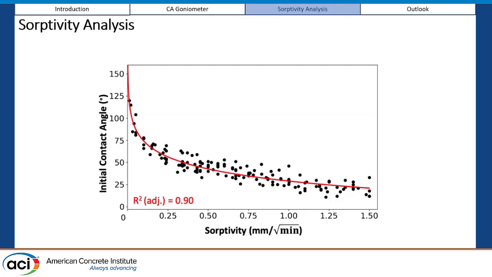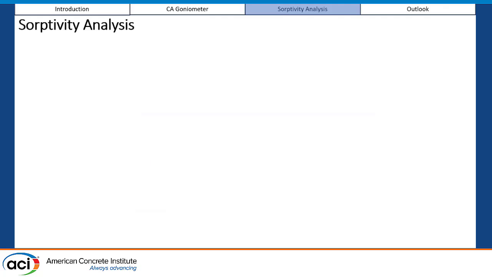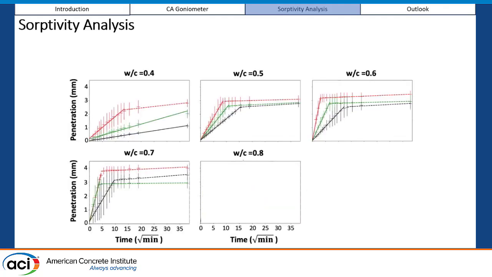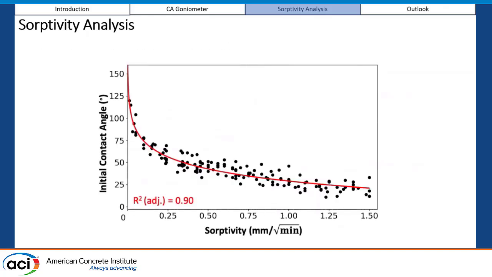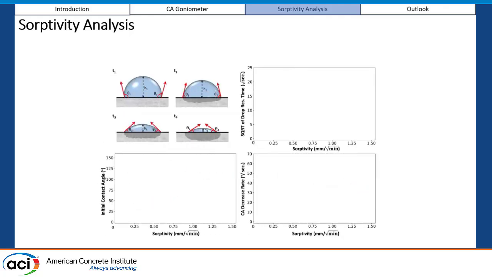That means if the matrix is dense, it doesn't allow water to get in, so the contact angle will be larger. The other thing it gives me is, instead of waiting for 6 hours to get one slope, an idea of the sorptivity in a matter of seconds.